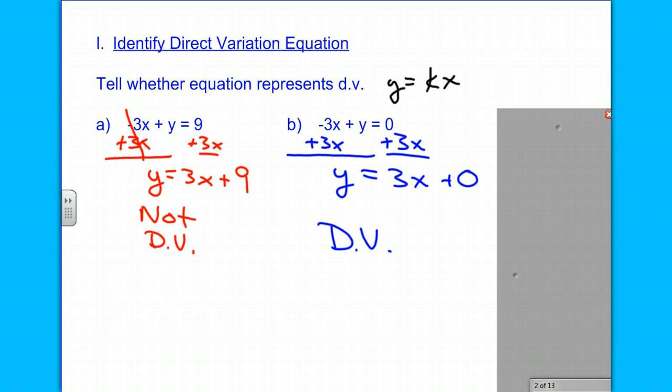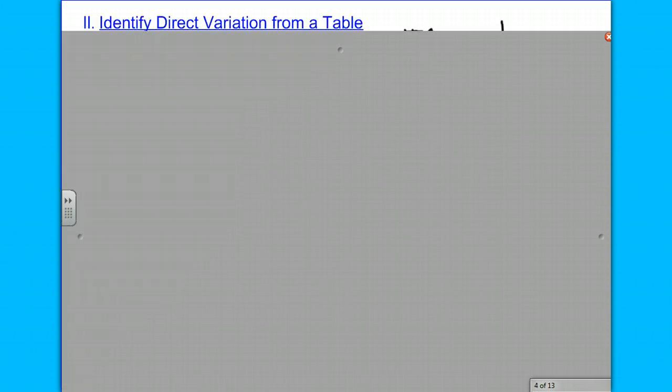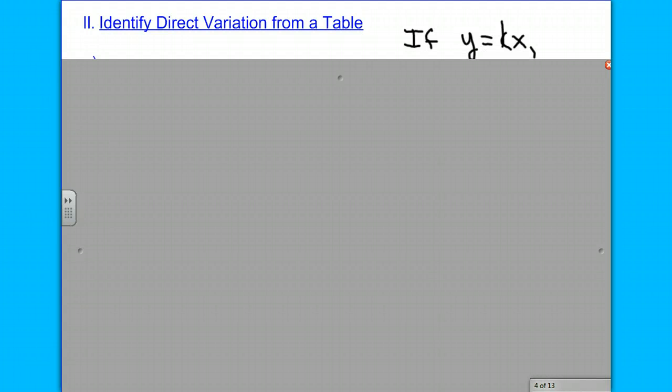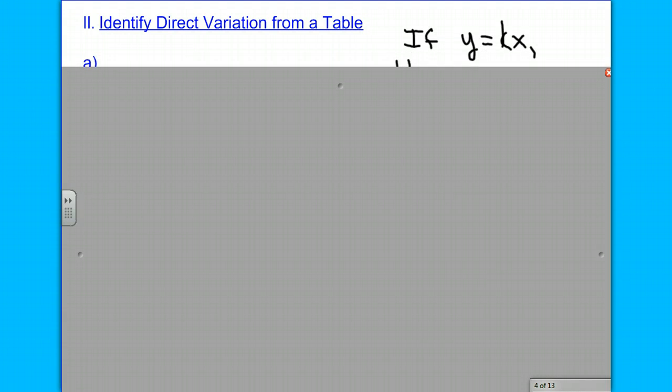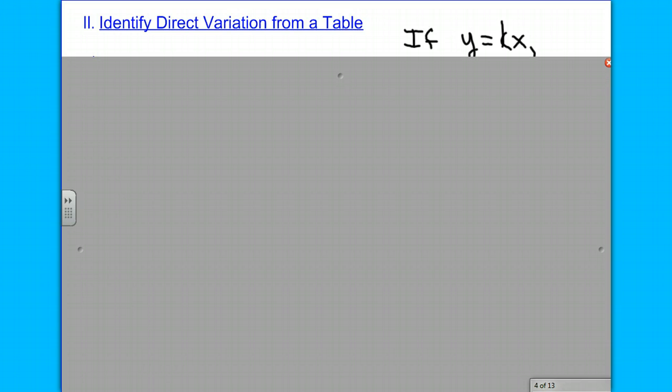That's the starting point. Can we identify direct variation when given a table of points? So you've identified it when given a graph, and you identified it when given an equation that you had to put in slope-intercept form. So now, can you identify it from a table? So we know that direct variation is y equals kx, then how would we get k alone?